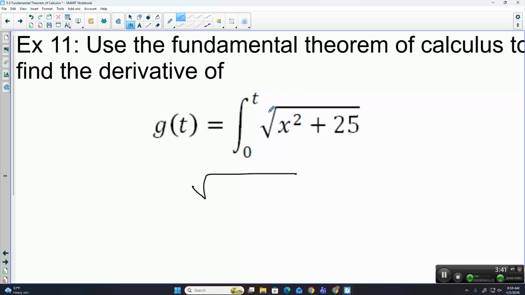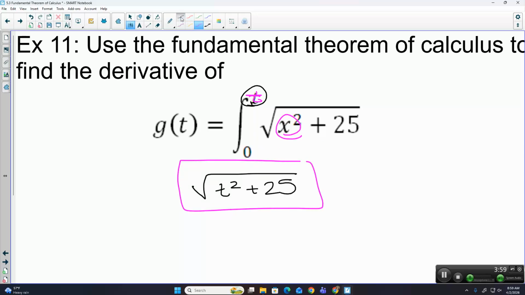The only difference is, this time, the variable that I'm plugging in is t. So, t squared plus 25. We know the derivative and the integral essentially cancel each other. The only thing you have to look at is we're integrating up to a variable, so that would replace the variable in your expression. So just the square root of t squared plus 25.